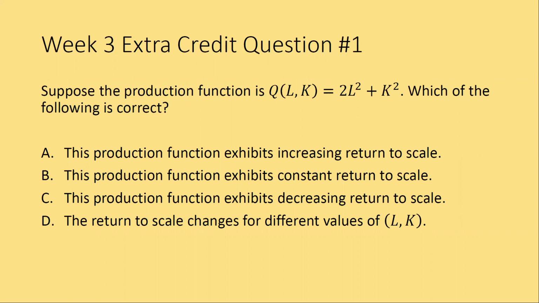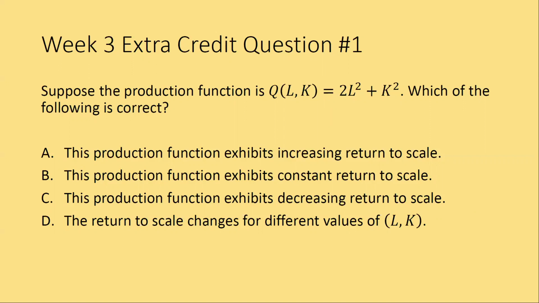Since we did the midterm exam on Monday, for this week we will only have one extra credit question, because we were supposed to have only one lecture anyway. So for this extra credit question, same as before, you can provide your answer on iLearn. Let's say we have a production function that is q equals 2 times L squared plus k squared.